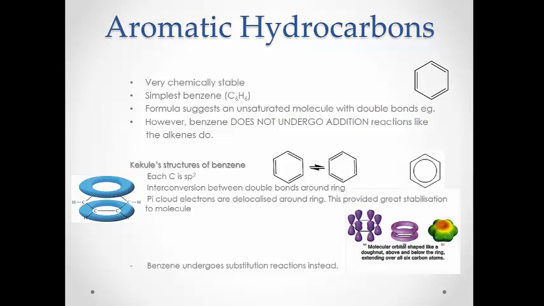So basically, what is a benzene? A benzene is a C6H6 structure. So it's 6 carbons, and each carbon has 1 hydrogen coming off it. So it's a ring structure.